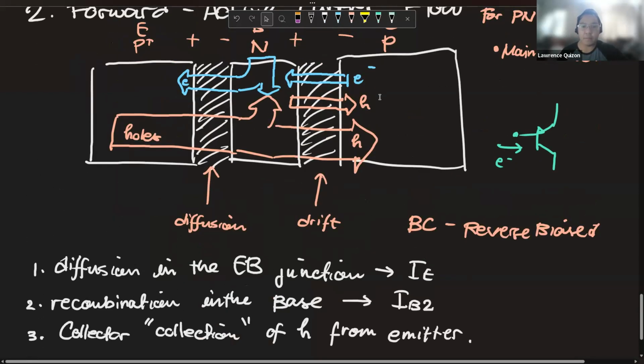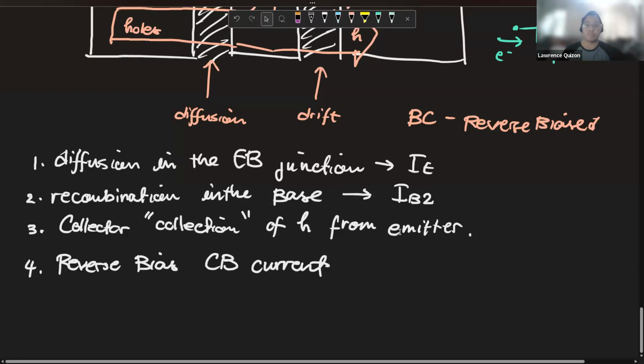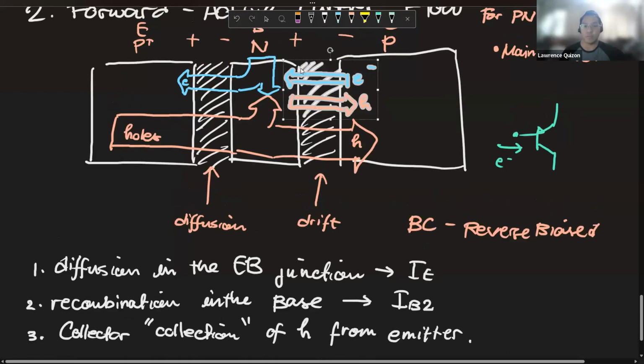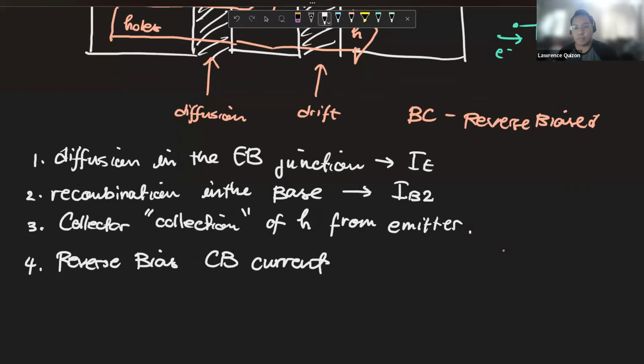And we have the reverse bias CB current, which is this part, right? So these two form IC.